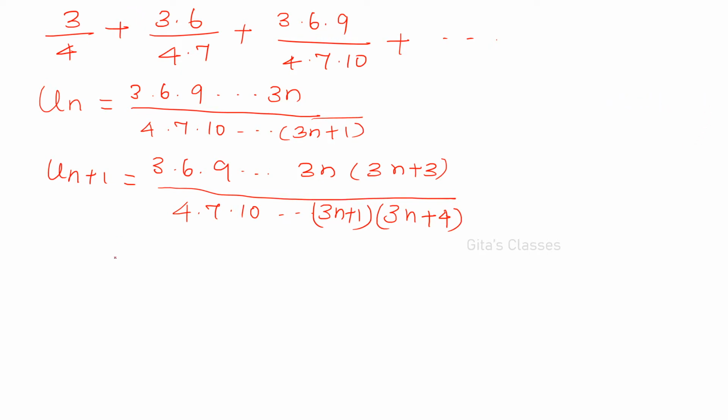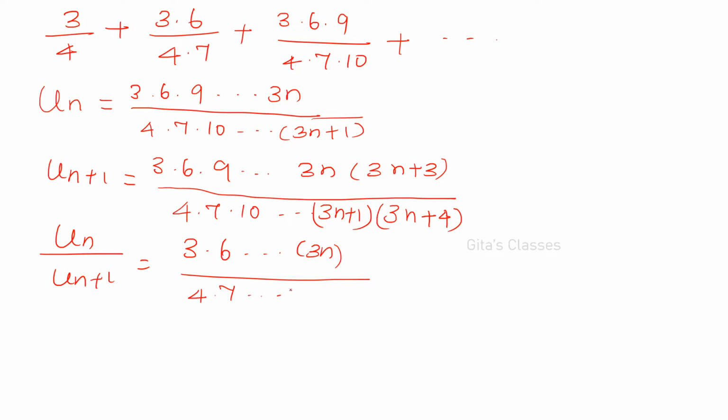So now un by un plus 1. 3 into 6 into etc. 3n divided by 4 into 7 into etc. 3n plus 1, divided by un plus 1. So I am going to multiply by its reciprocal.